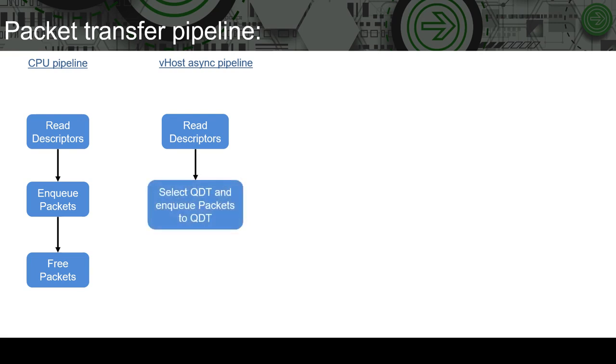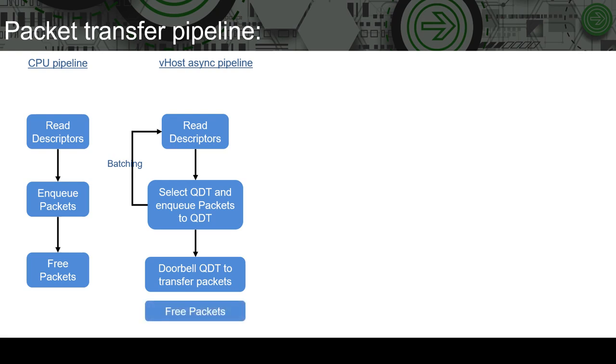Then we select the QDT and enqueue the packets, which is where we are essentially calling the rte_ioat_enqueue_copy API, and of course we repeat this for the entire batch. And then we ring the doorbell, which is where the rte_ioat_perform_ops API is called. And then we free the packets. Now there's a reason why I didn't connect these two blocks. Let's look at why a bit later.